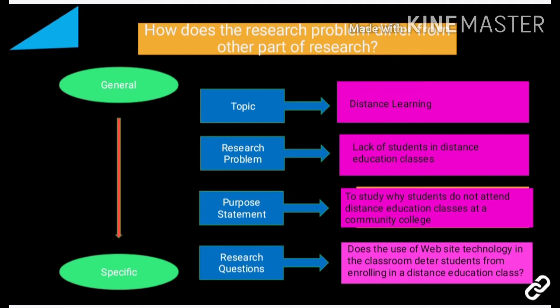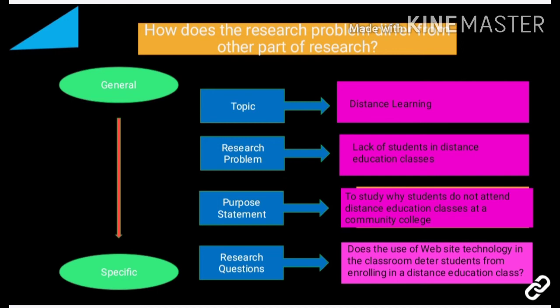How does the research problem differ from other parts of research? Let's see how to distinguish among the topic, research problem, purpose, and research question in this example. A researcher begins with a broad topic, distance learning. The research problem in this study is the lack of students in distance education classes.